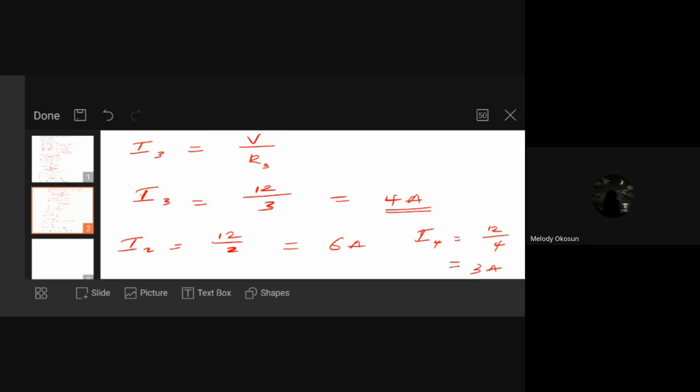So the current through the 3 ohm resistor is 4 amperes, through the 2 ohm resistor is 6 amperes, and through the 4 ohm resistor is 3 amperes. If you add up everything, you get 13 amperes, which is the total current flowing into the circuit. I'm sure that makes sense enough.